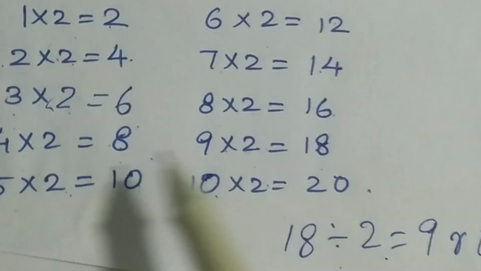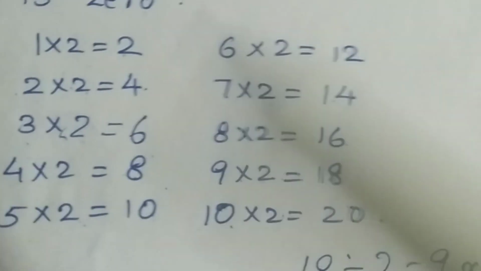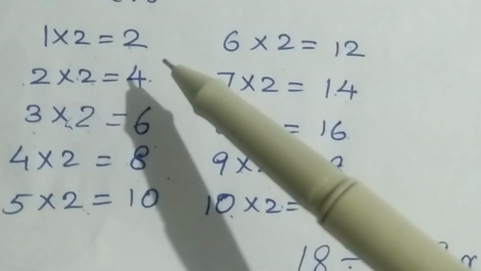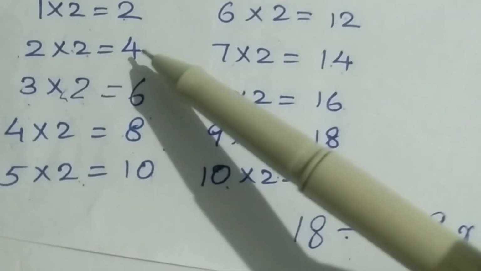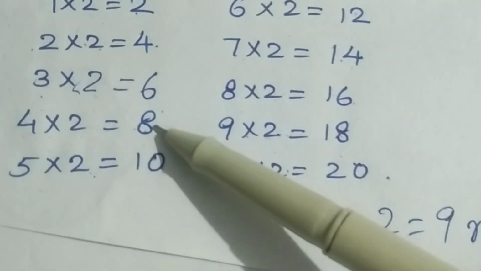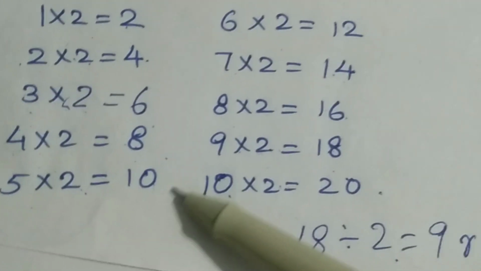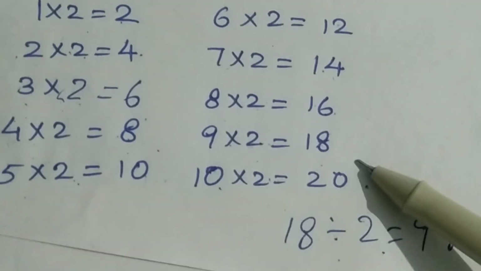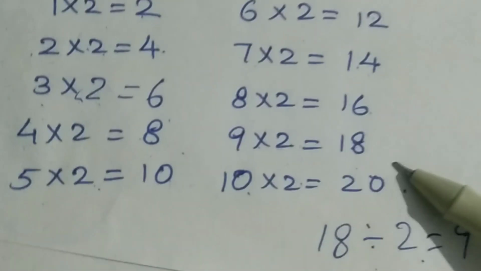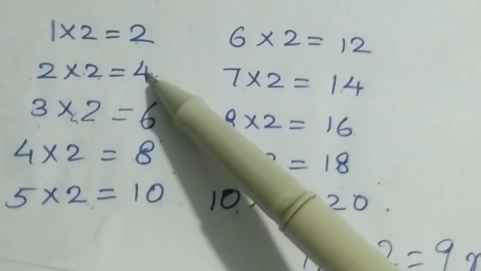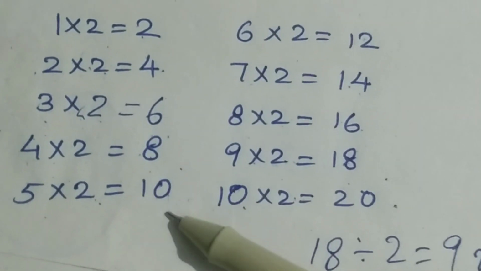So we can say if a number has 2, 4, 6, 8 or 0 in the ones place, that number is divisible by 2, because even numbers end with 2, 4, 6, 8 or 0.